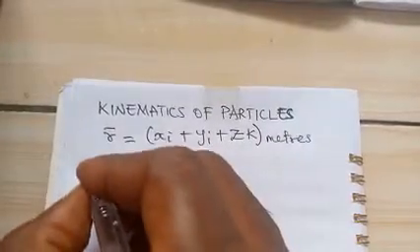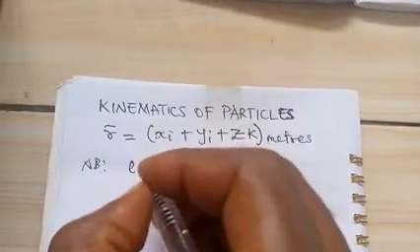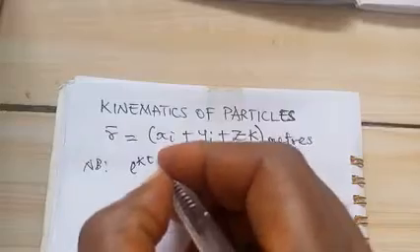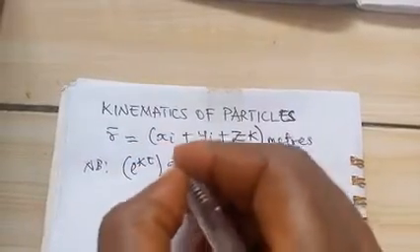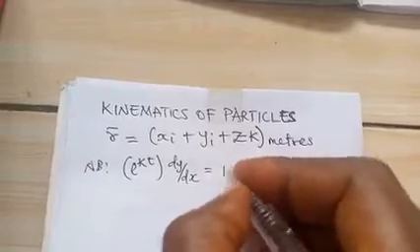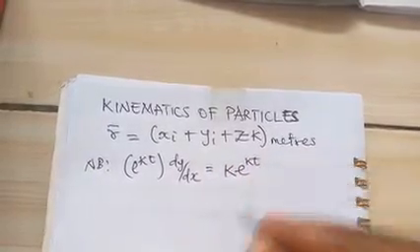Now we must note that whenever we differentiate exponential kt with respect to t, we're going to have k exponential kt.